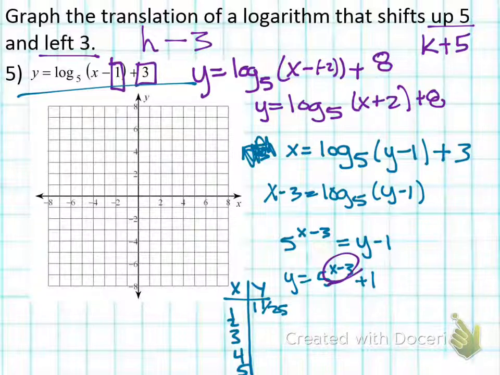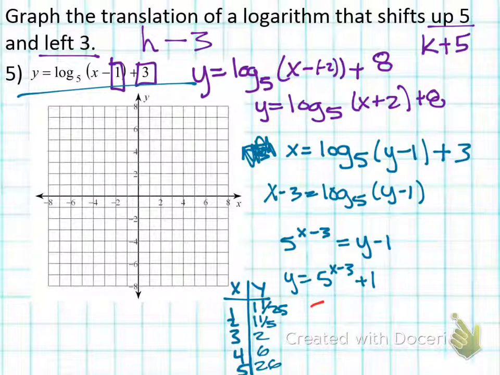Plugging in 2, I get 2 minus 3 is negative 1, 5 to the negative first power is 1/5, plus 1 is 1 and 1/5. Plugging in 3, 3 minus 3 is 0, 5 to the 0 is 1, and 1 plus 1 is 2. Plugging in 4, 4 minus 3 is 1, 5 to the first power is just 5, plus 1 is 6. And plugging in 5, I get 5 squared plus 1, which would be 25 plus 1, or 26.